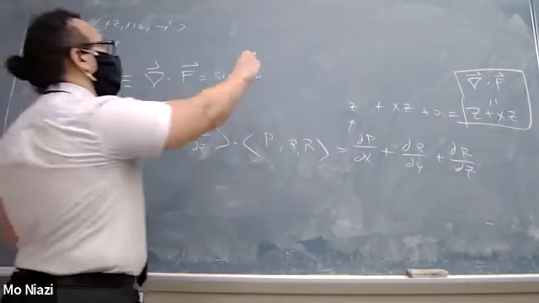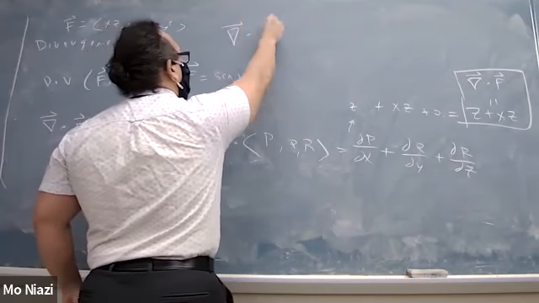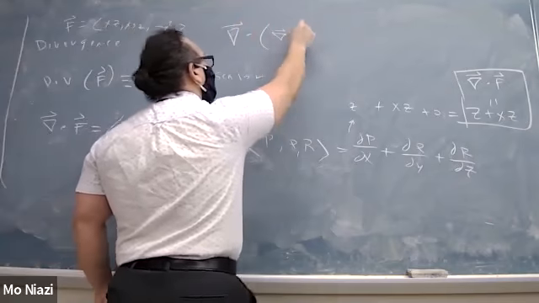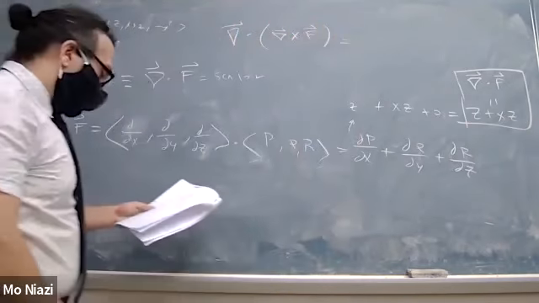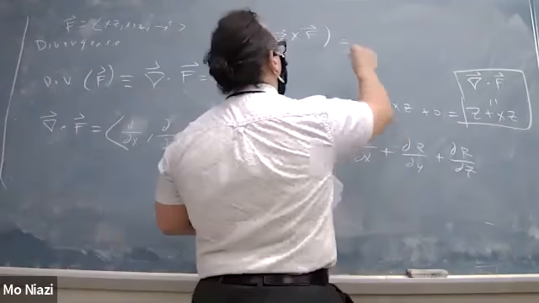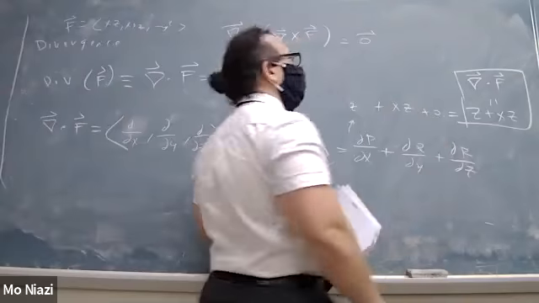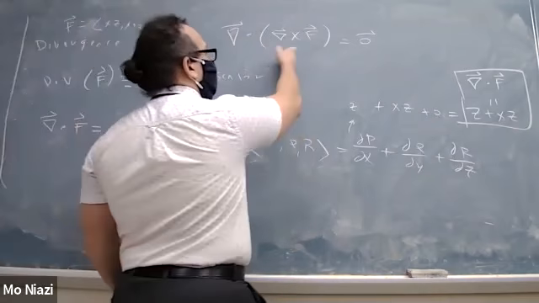Here's a theorem: the divergence of a curl, what do you think that's going to equal? The divergence of a curl is equal to 0. This could be shown by taking the dot product after we take the curl.